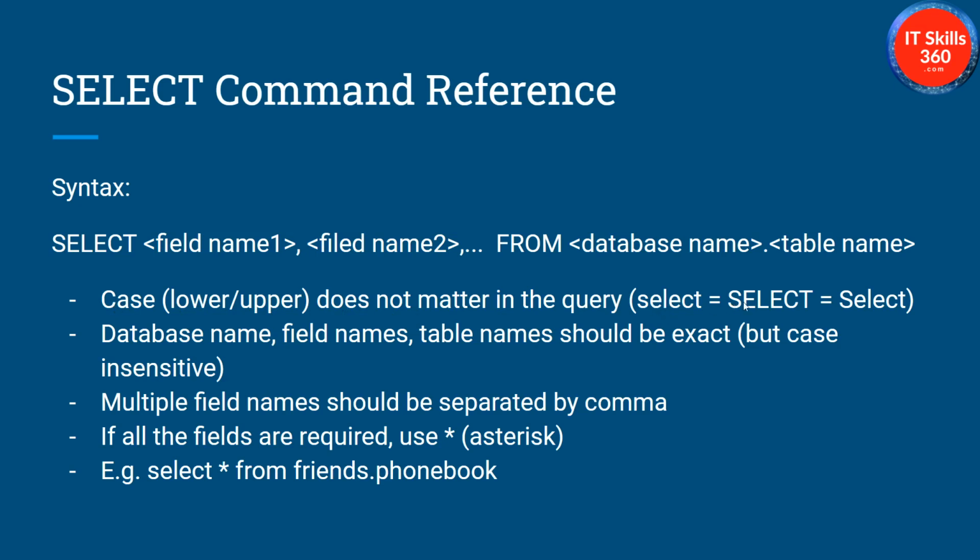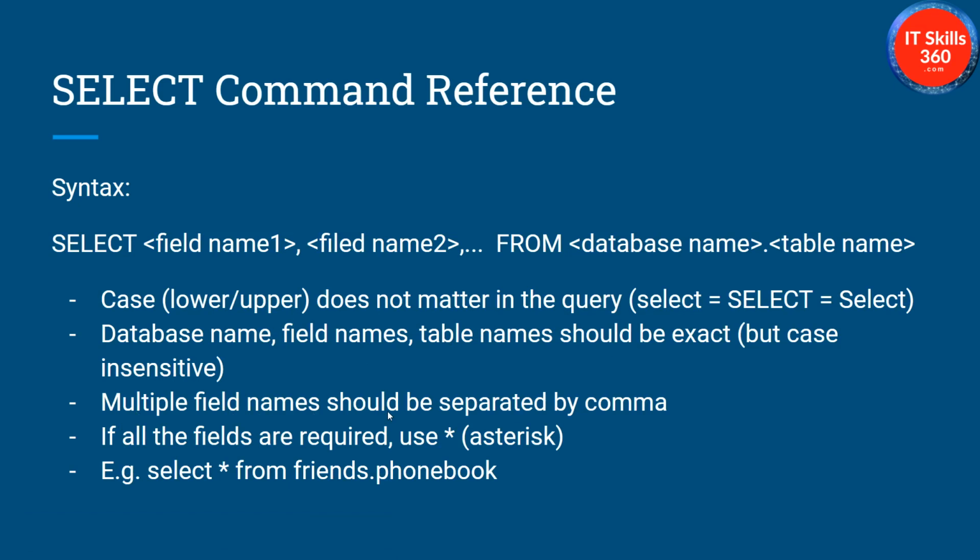Select lowercase, select one upper one lower, a mixed bag is also fine. Database name, field names, table names, they should be exact, just like we saw phone number and phone underscore number. That is important, but case is not important. So I could have said P capital in phone underscore number and N capital, it would still understand it. So upper or lower case doesn't matter either way, in the select keyword or actual field names.